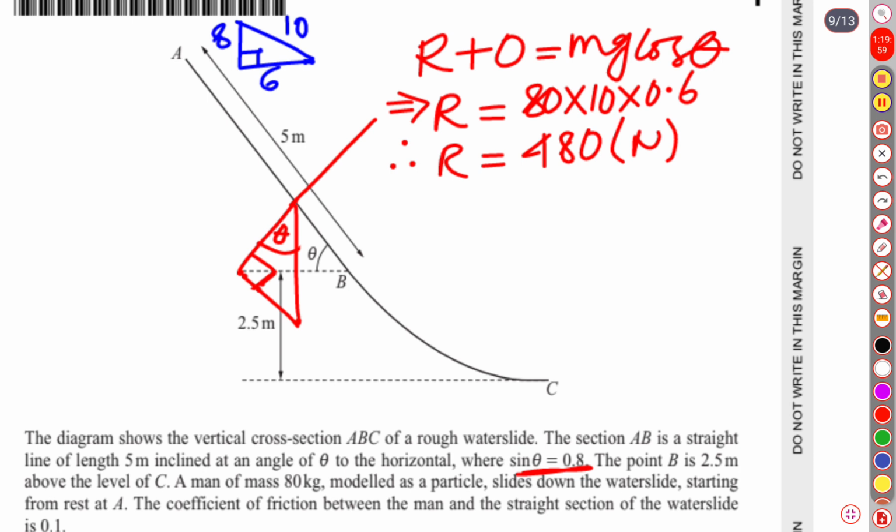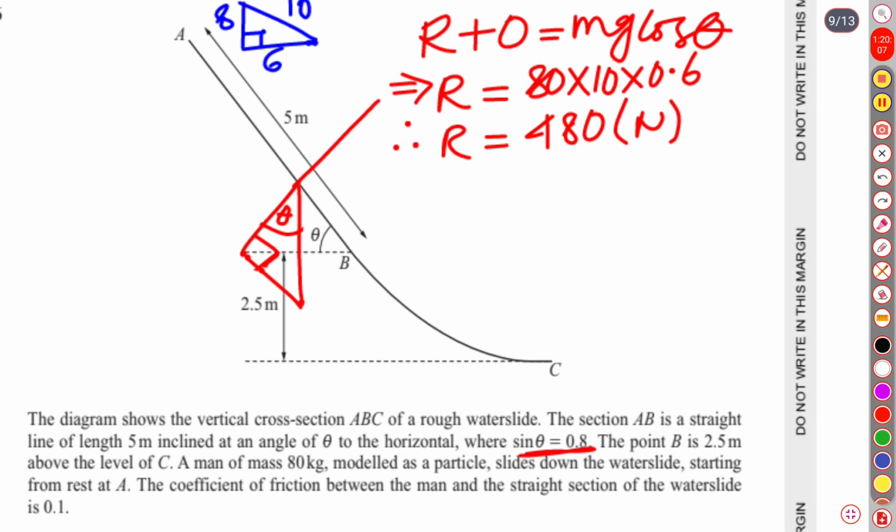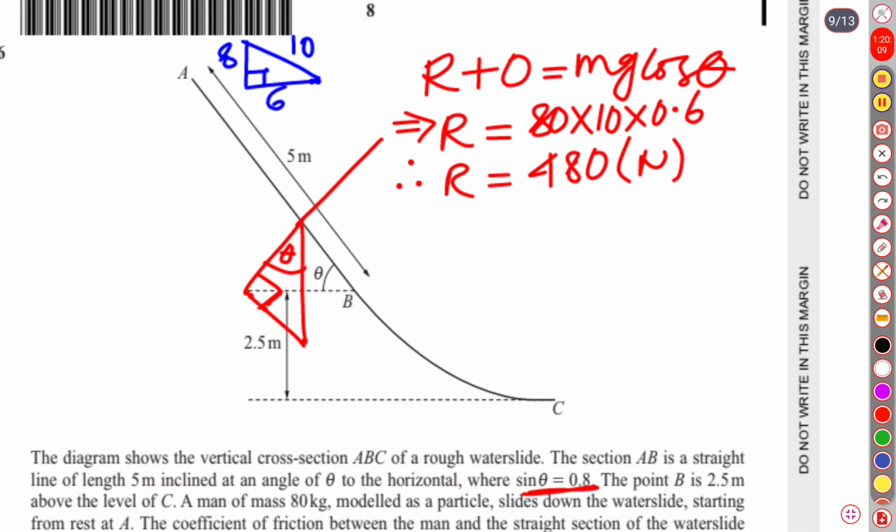So for height, let us draw a triangle. Suppose this is our triangle, this is the height, okay, and the angle is theta. Look at this, the length of the hypotenuse is 5, so our height is going to be 5 sine theta.